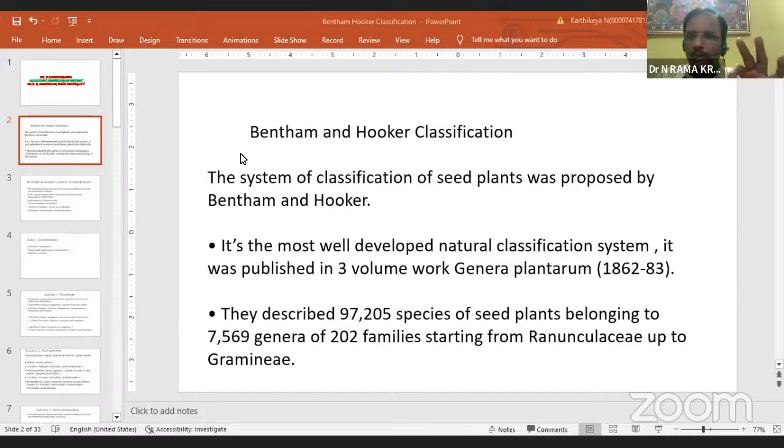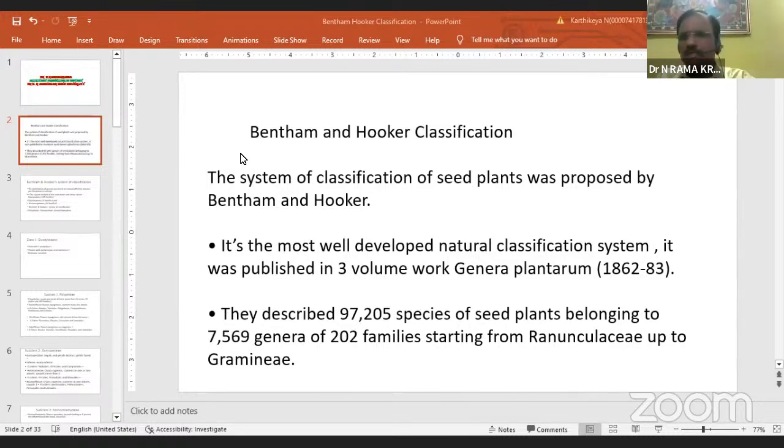See once again, taxonomy depends on this. This is the most important in your theoretical examinations. That's why again and again I told you, the entire taxonomy depends mainly on 3 characters. Number 1 is identification. Number 2 is nomenclature.